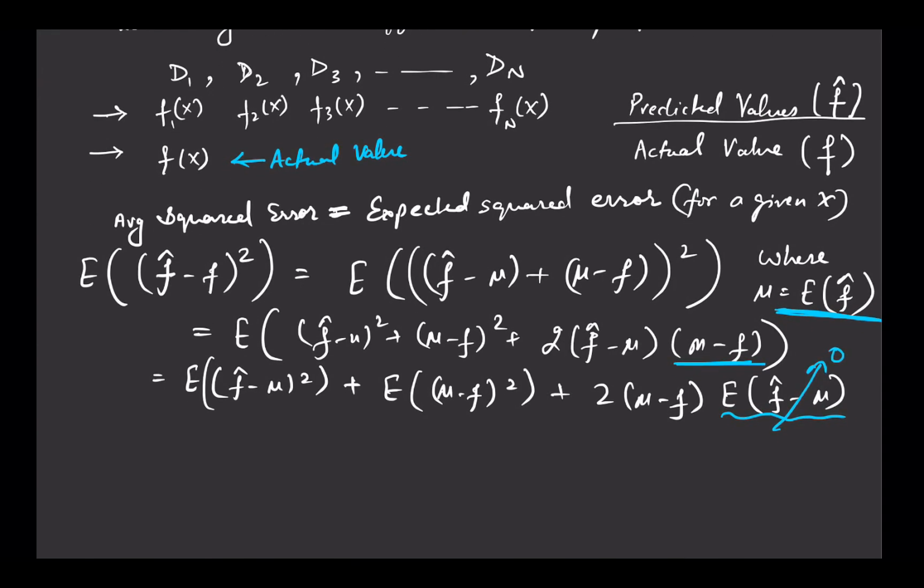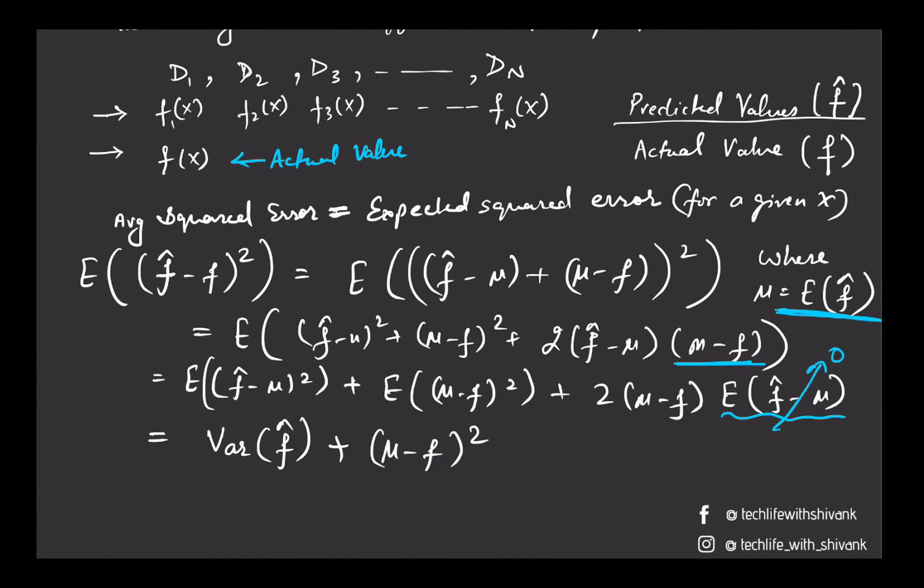And that's why this value would be equal to, now expected value of f dash minus mu whole square is nothing but variance of f dash, and we know that expected value of mu minus f whole square is nothing but mu minus f whole square, because mu and f are constant, they are not random variables.